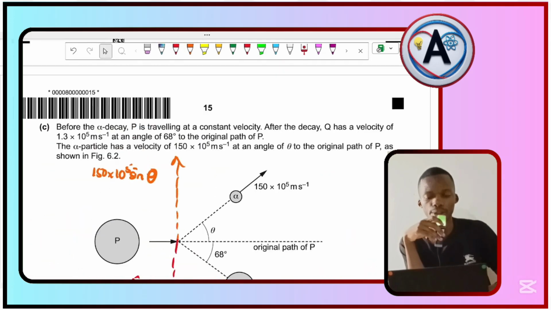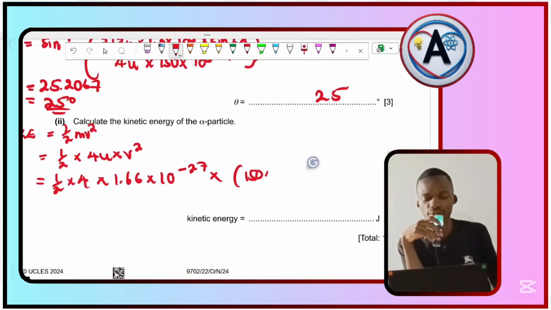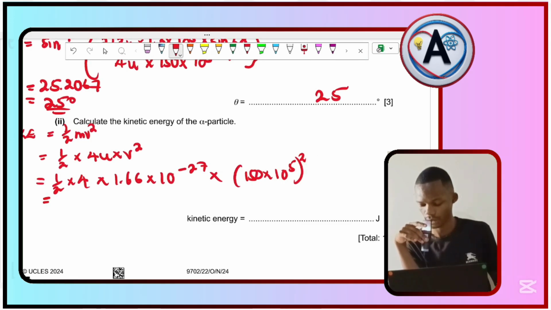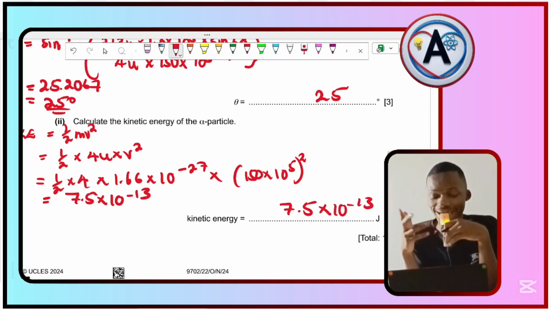The velocity of the alpha particle, we've been given 150. Nice. 150 times 10 to the power of 5 squared. We punch that in the calculator. We get 7.5 times 10 to the power of negative 13. And that'll be it.